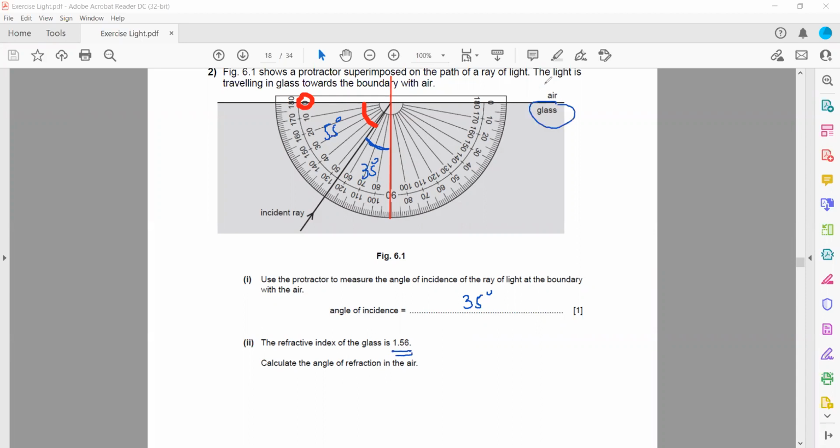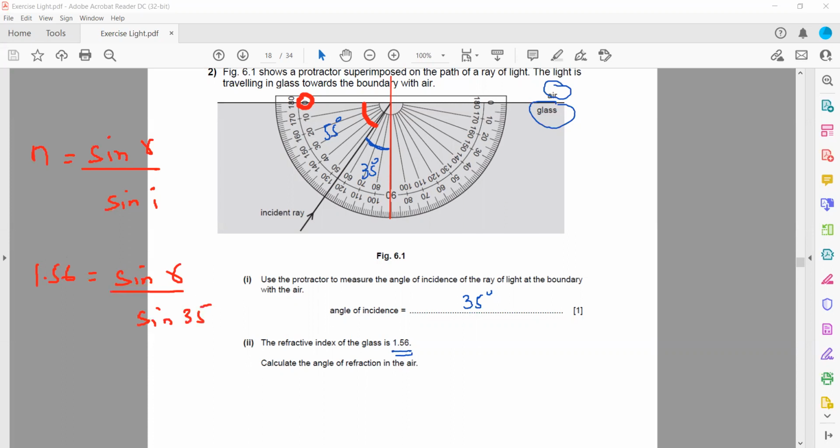It is moving from glass to air. So when the ray travels from glass to air, the formula for refractive index is sine R divided by sine I. Because the ray is in glass and it is moving into air. The refractive index is 1.56. Sine R we don't know, and sine of the angle of incidence I is 35.